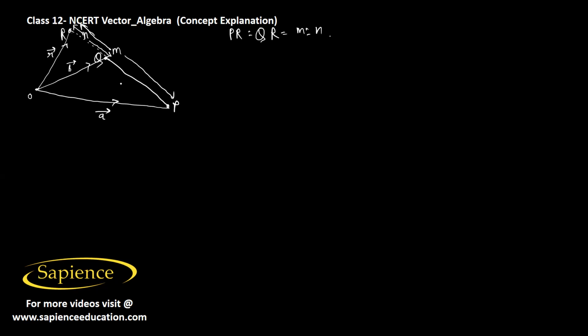So now from here you can see that QR vector is equal to OR vector minus OQ vector.